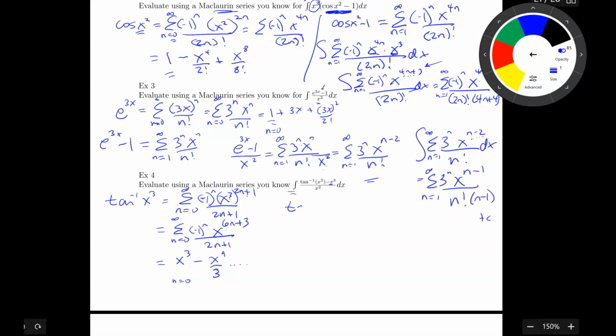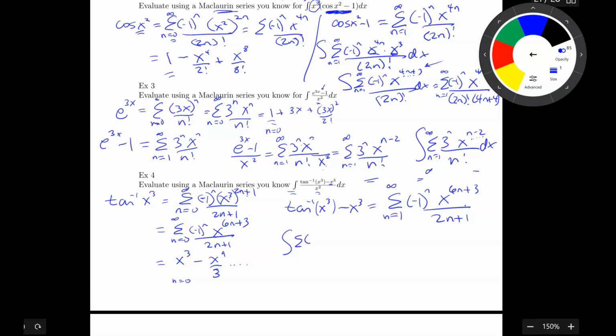So to find arctangent of x cubed minus x cubed, let me take liberties here and get rid of this. Don't need this anymore. This would give me the sum starting at 1, over 2n plus 1. Now I want to divide through by x squared, and I think we've done enough of these so far, so let me just go right to the integral of this.